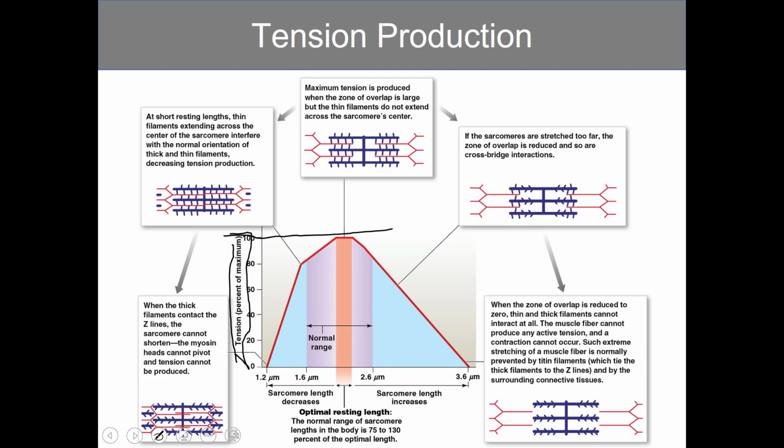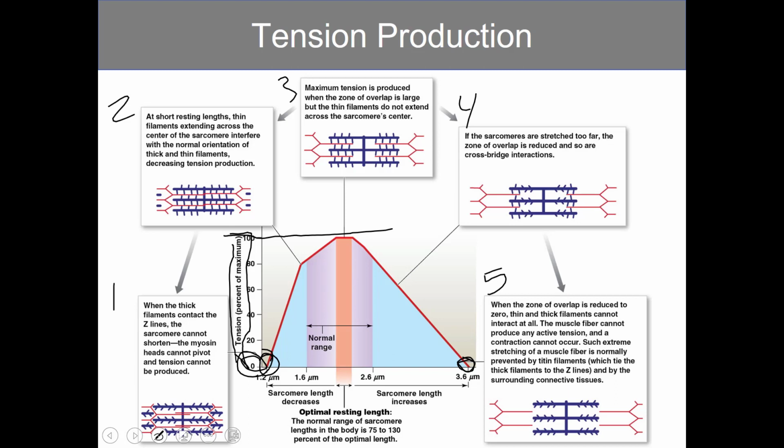And we have little snapshots in these photos, 1, 2, 3, 4, and 5. If we look at 1 and 5, we see that these snapshots come from the extremes of the graph. And how much tension is produced? Well, if you follow those over to the y-axis, we can see that it's 0.